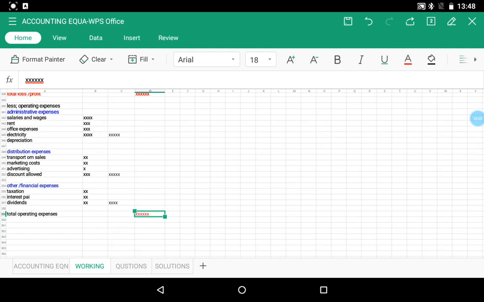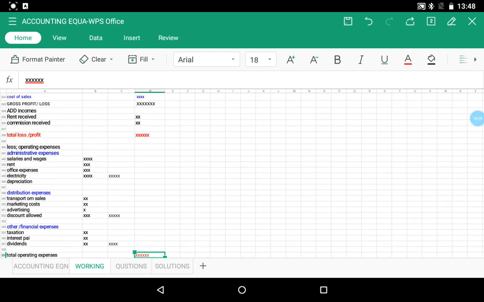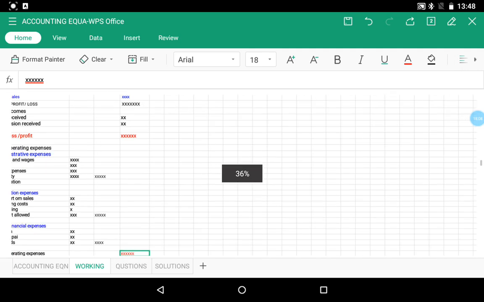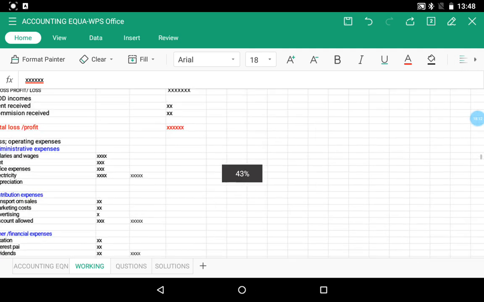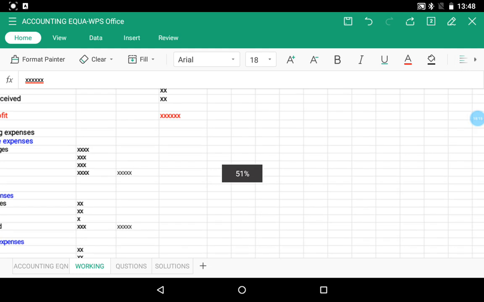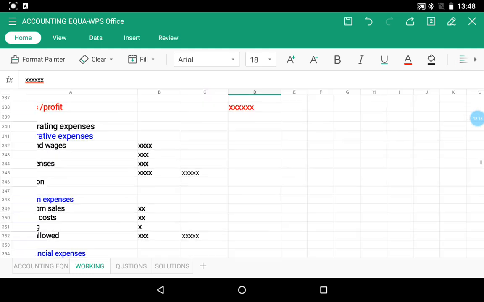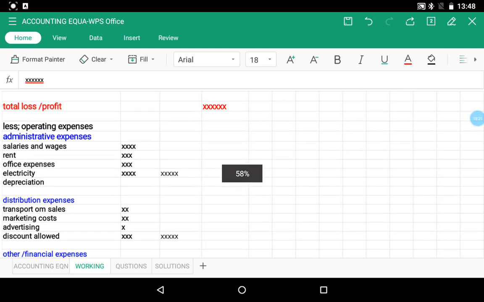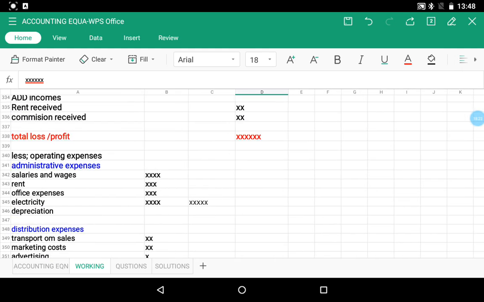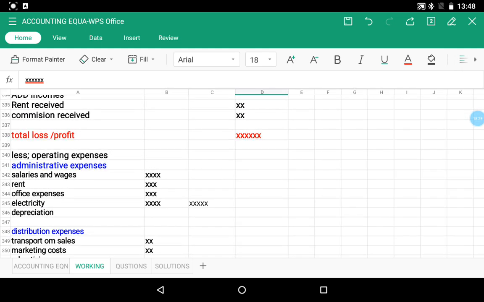And remember, we have said net loss. When you get your total loss or profit, if you don't have incomes, you'll be having gross loss or profit. But when you have incomes, you have a total loss or total profit, which is this one.